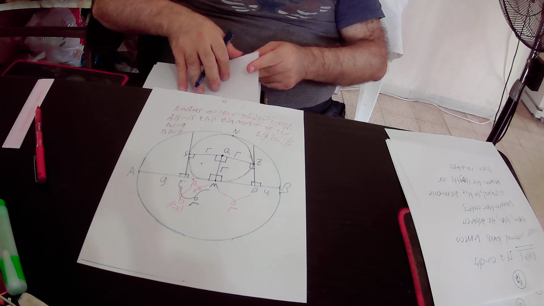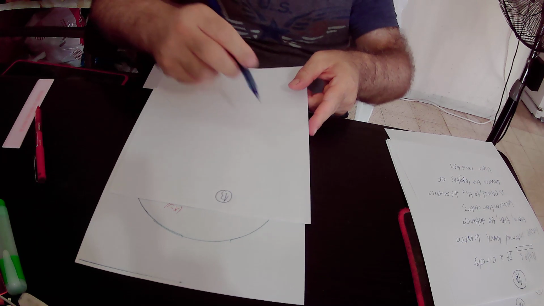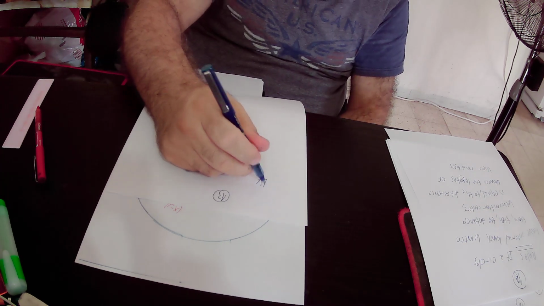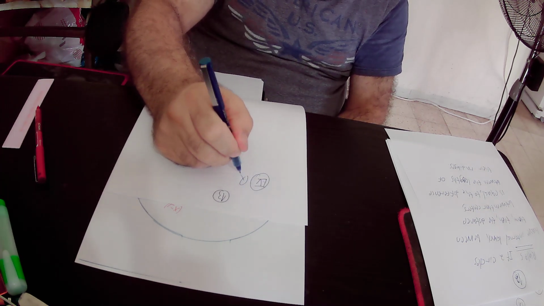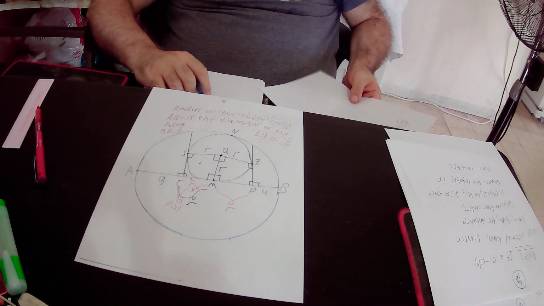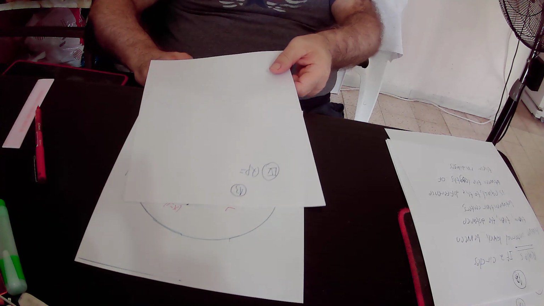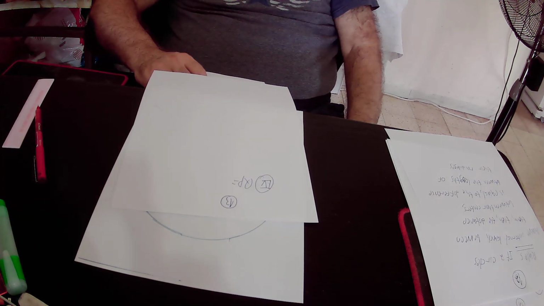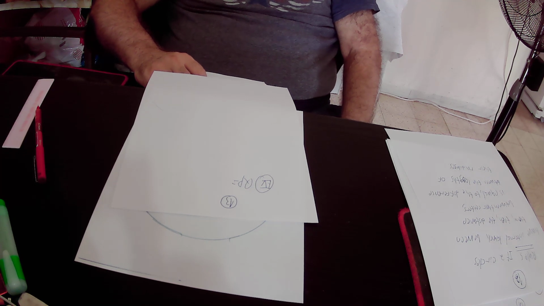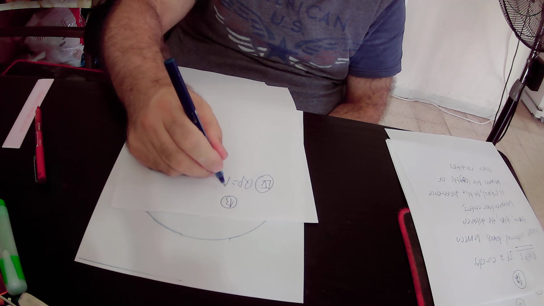According to rule number 5, this distance between their centers, that is QP, equals the difference between the lengths of their radiuses. The radius of the big circle is capital R, and the radius of the small circle is small r, and the difference between their radiuses is capital R minus small r.